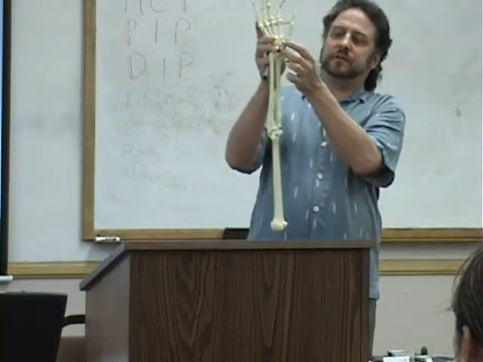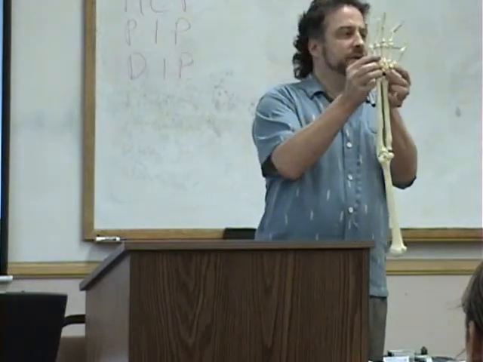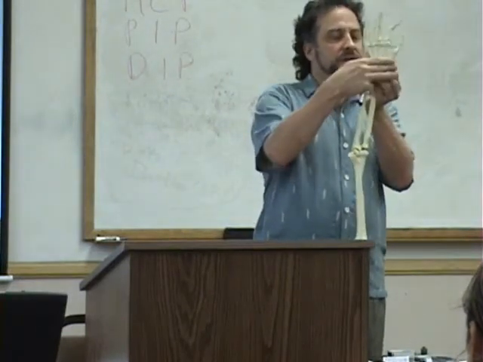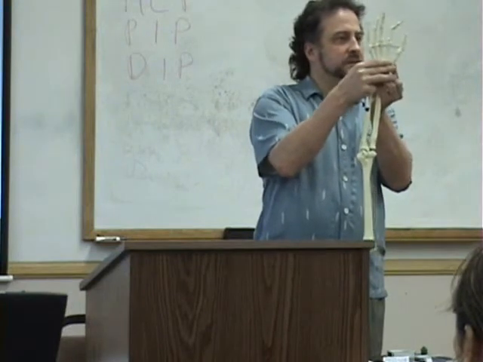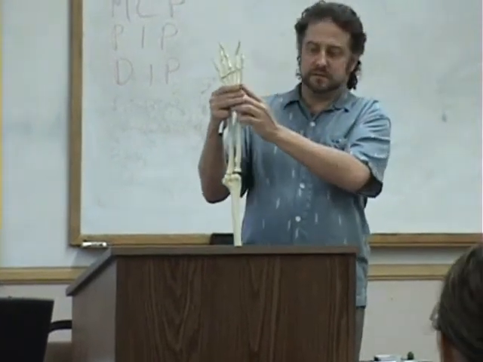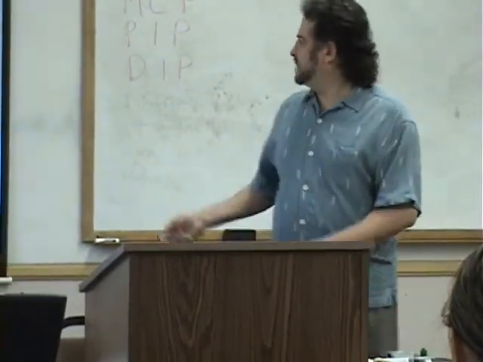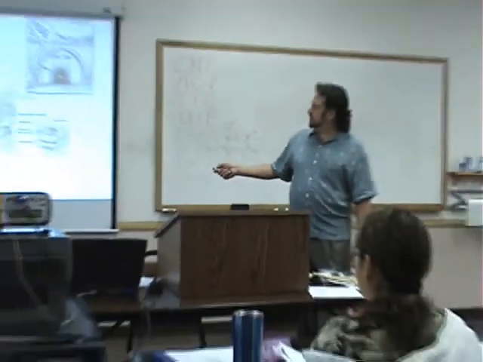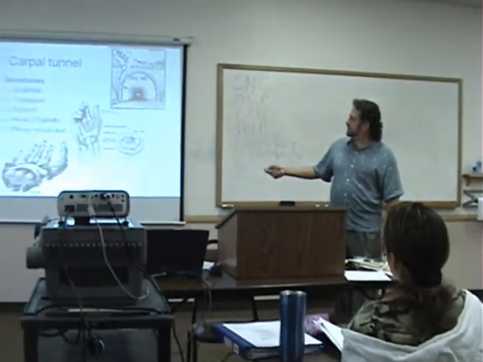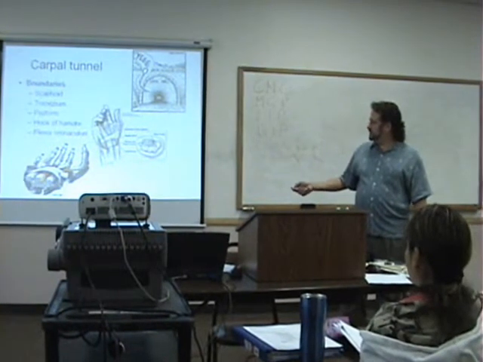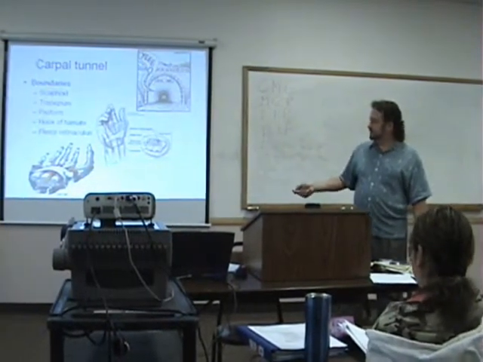So basically there's two on this side and two on this side, and then there's the ligament that goes across. So that's the flexor retinaculum. One here, one there, one here, one there, and then the ligament that goes across.